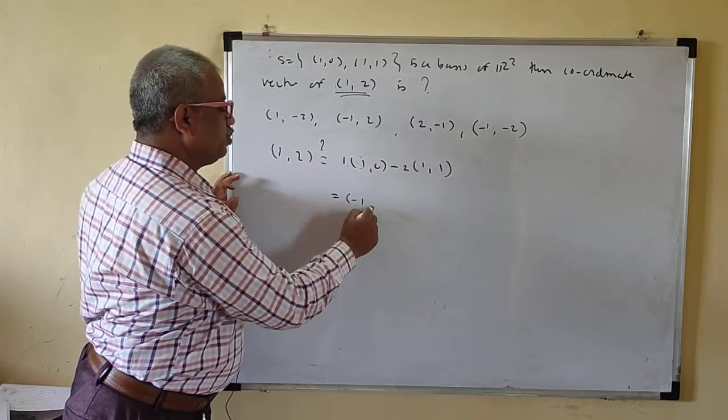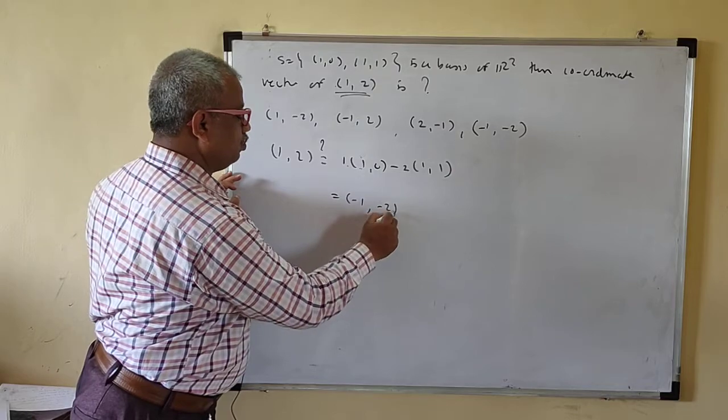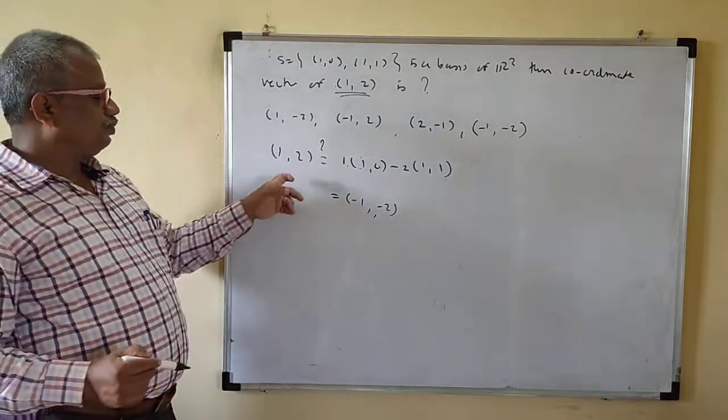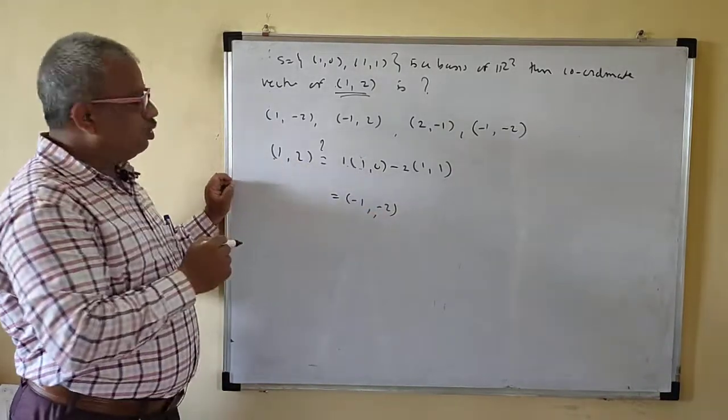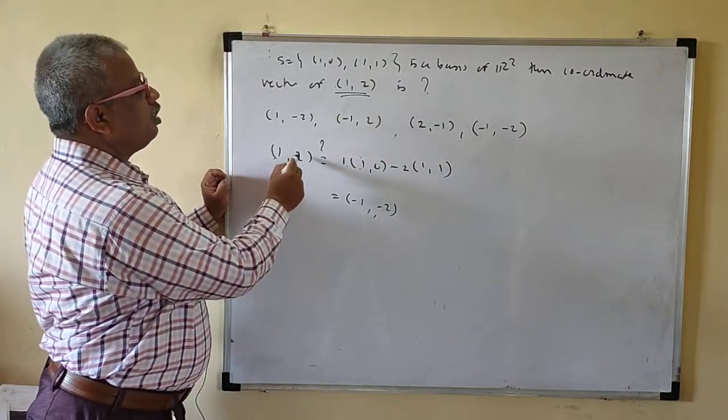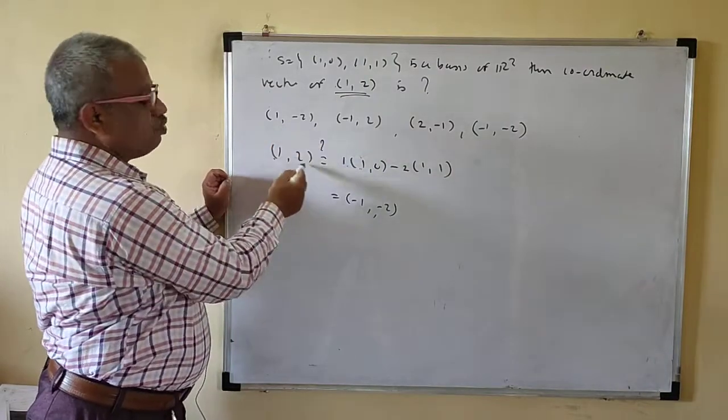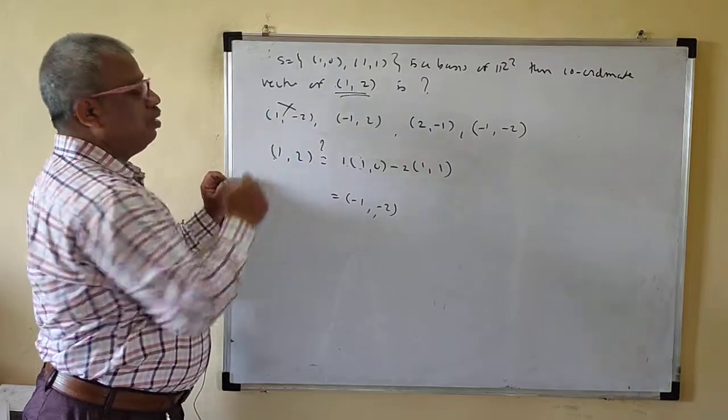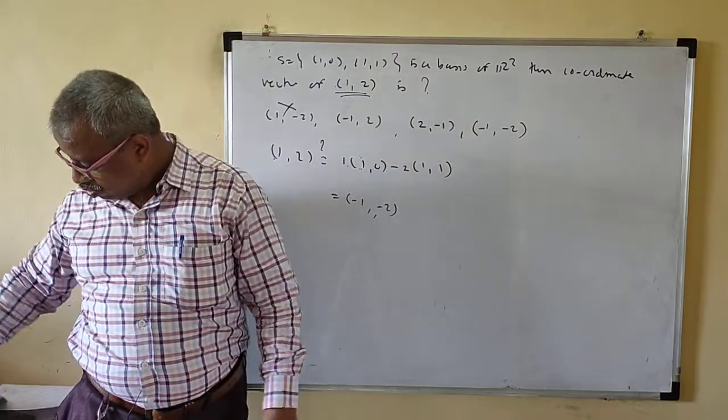This is (-1, -2), so this is not (1, 2). So this is not a coordinate vector.